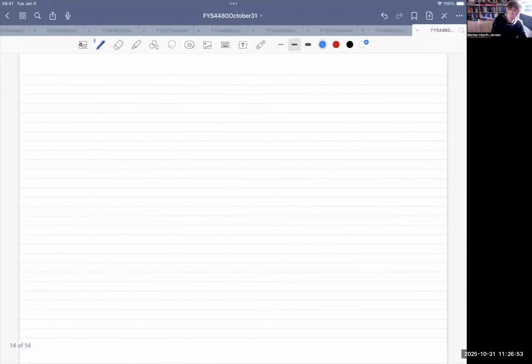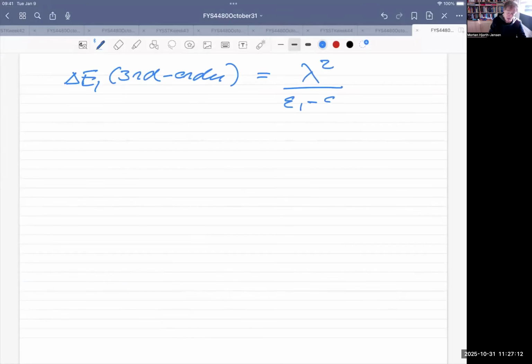So if I now set up delta E1 to third order, this is now going to be equal to lambda squared over epsilon 1 minus epsilon 2, which is obviously different from the one which we got from Brillouin-Wigner perturbation theory.